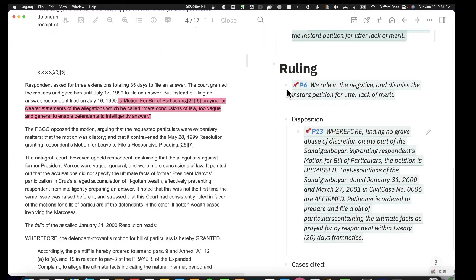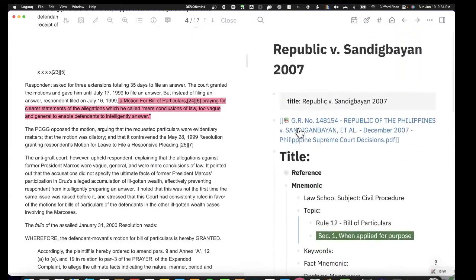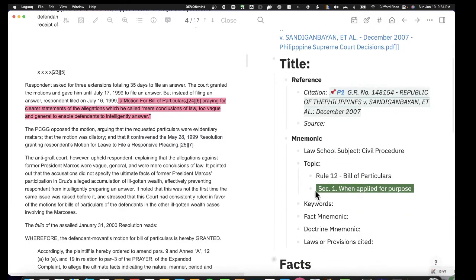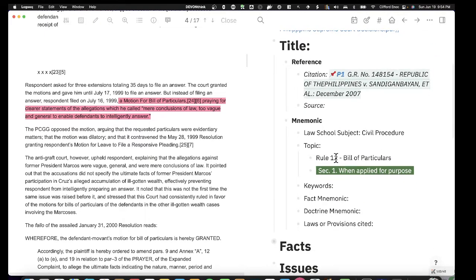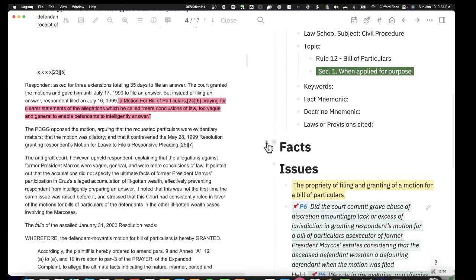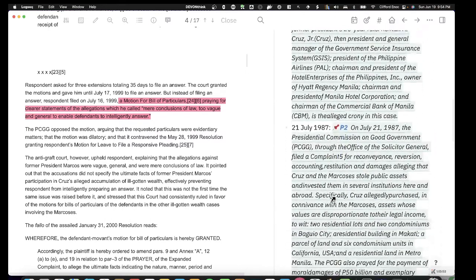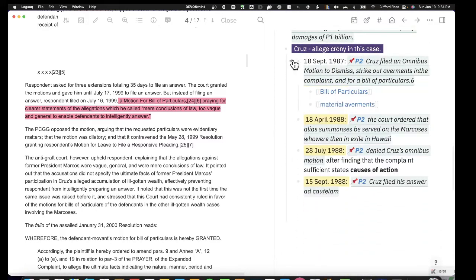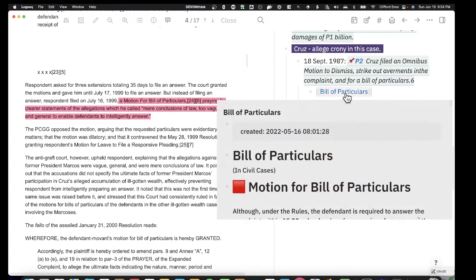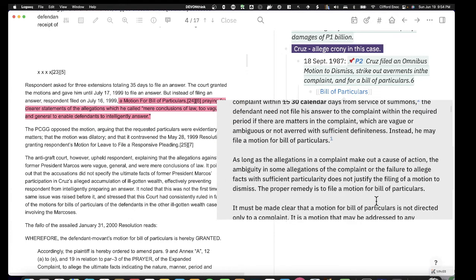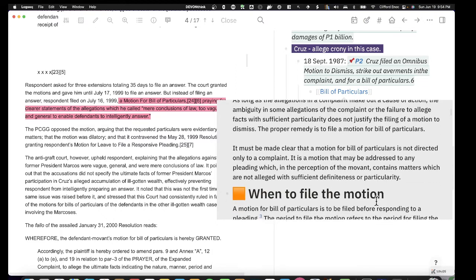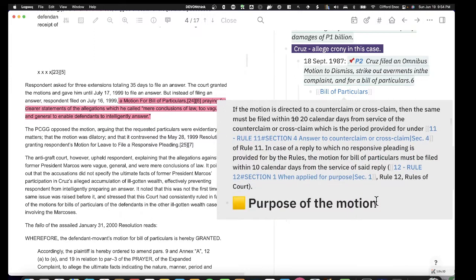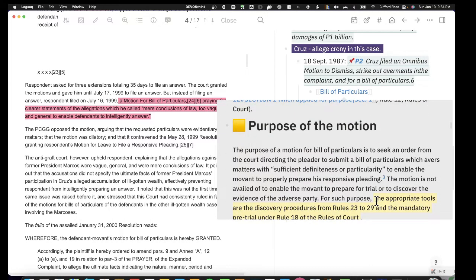Nasaan na ba yun? Bill of particulars. Ito sa facts natin. Here. Bill of particulars. And then, when applied for purpose, pagka ang pleading is unclear, ito yung purpose.